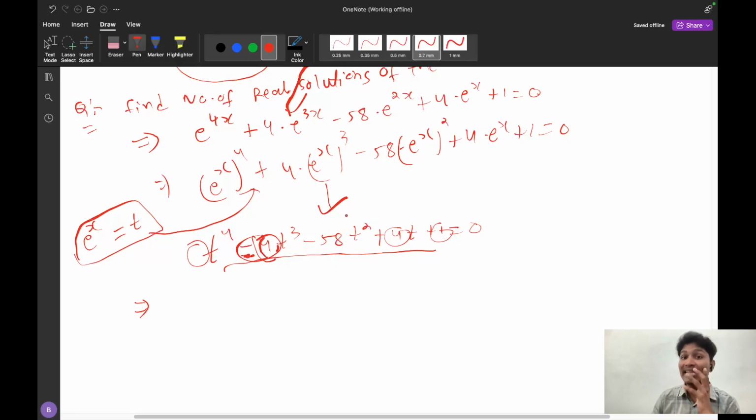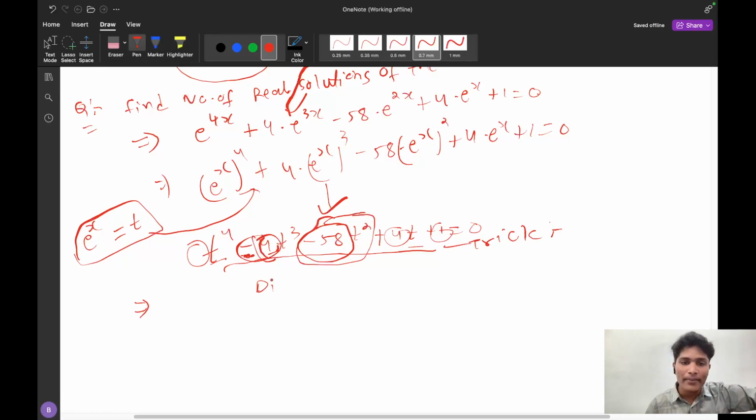So the trick here is, what is the left-over term? The left-over term is minus 58 t square. The t power 4 is merged with 1, and t cube is merged with t. The t square term is left. So I have to divide this equation by t square.